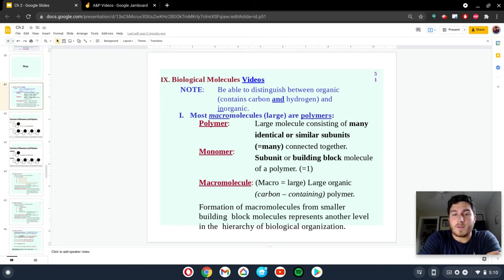We're going to talk about a whole bunch of subunits, also known as monomers, in the next few videos. So, a polymer is a chain of monomers. Monomers are subunits, so it depends what we're looking at. For example, glucose could be a monomer of a starch. A whole bunch of glucoses, a whole bunch of monomers, make polymers.